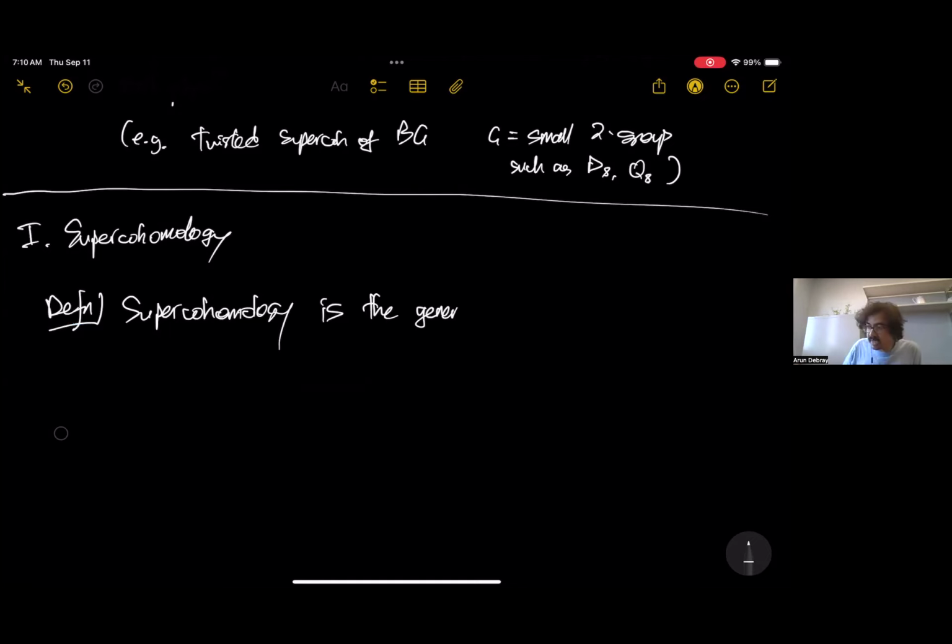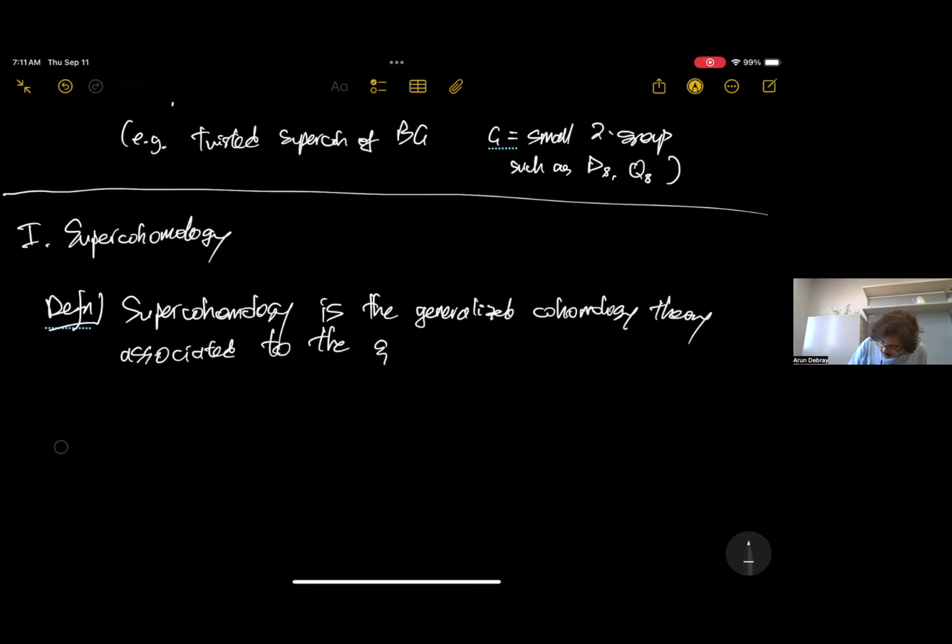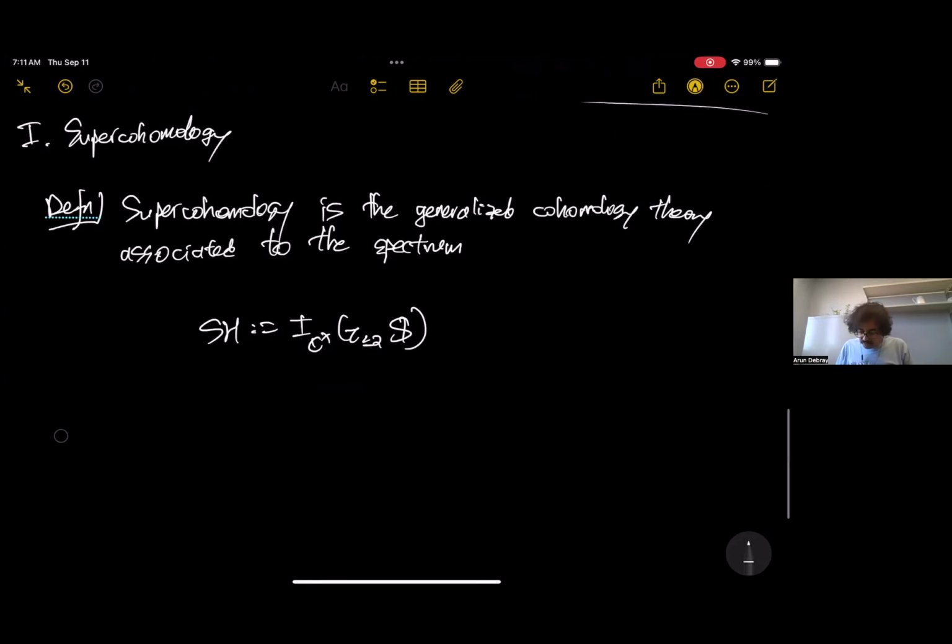And I'll say something about why it deserves to be called supercohomology in a moment. So it's the generalized cohomology theory associated to the spectrum. I'm going to call it SH, the reason being that we typically denote homology with a right side up H, so we can denote cohomology with an upside down H, and then S for supercohomology.